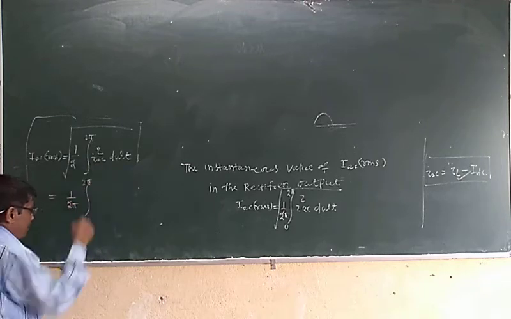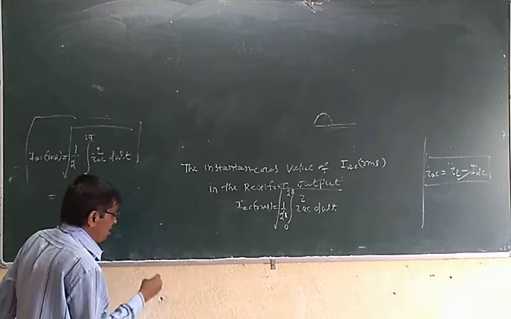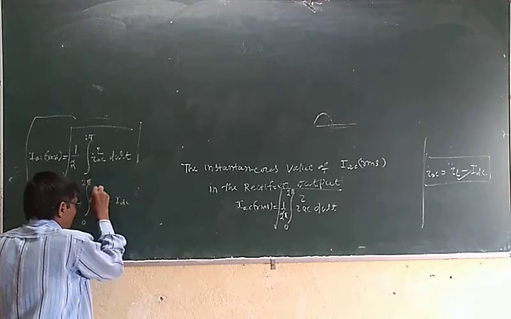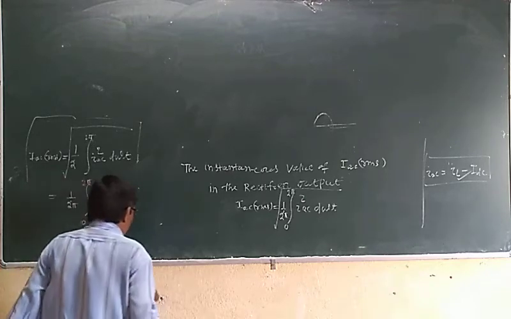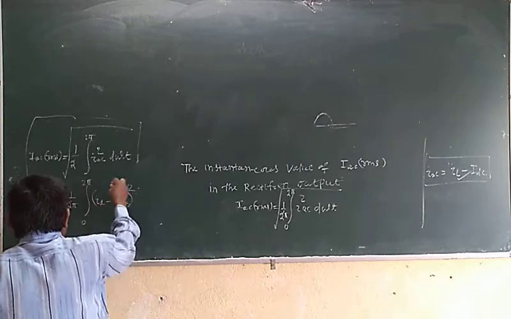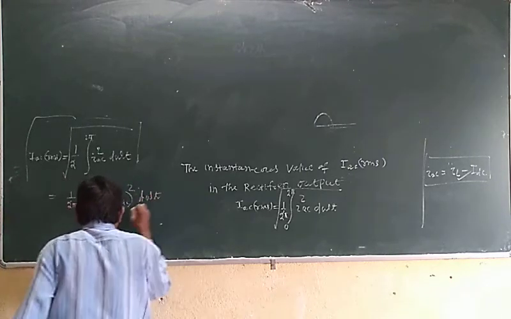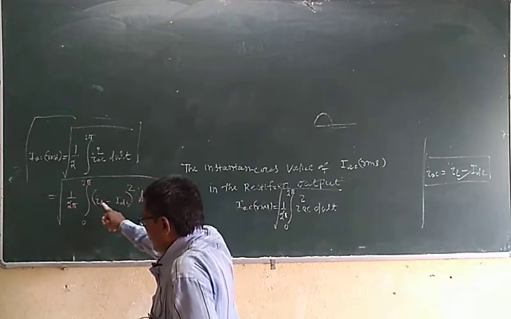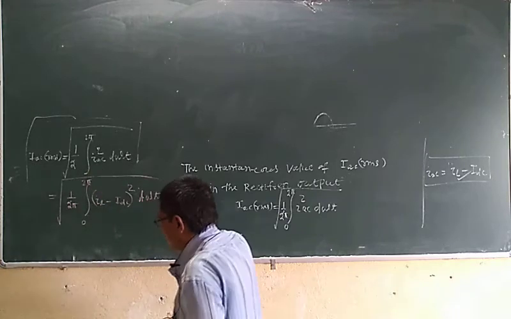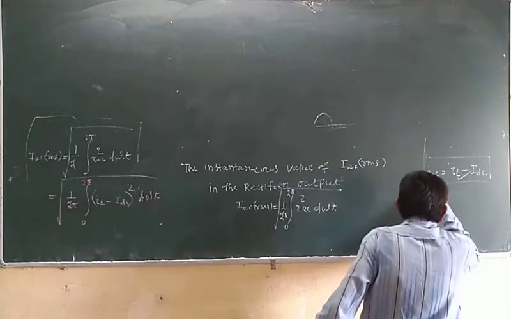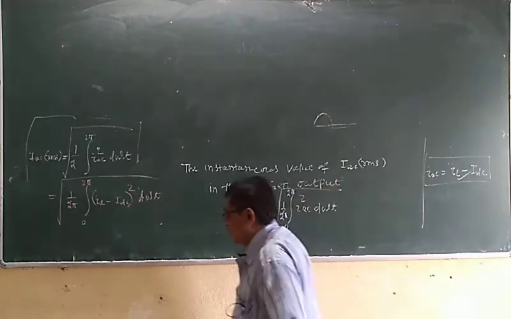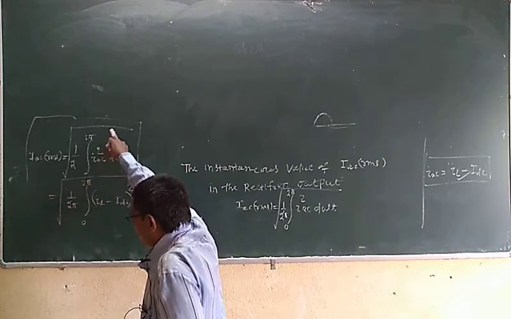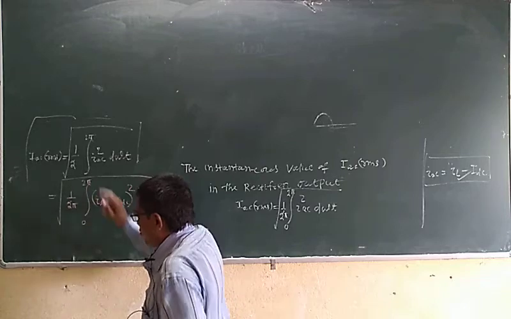So I_AC squared means (I_L minus I_DC) squared d omega t, under the root. This I_L minus I_DC is known as I_AC, because I_AC equals I_L minus I_DC. Then we put this value in, so (I_L minus I_DC) is squared, then the root over.